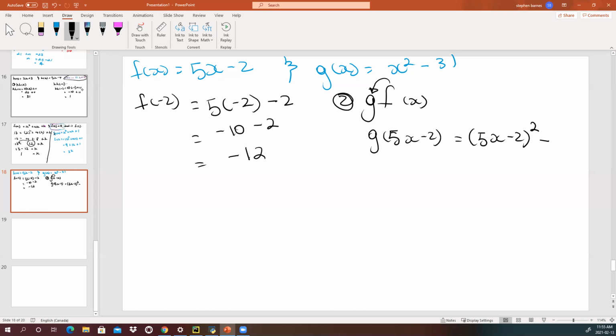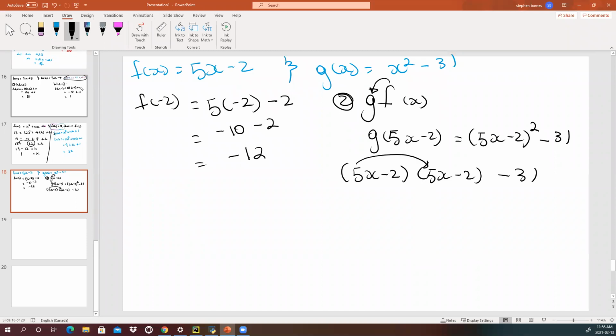Yeah. Minus 31. All right. So this is a squared. So I'm just going to expand the brackets for the squared. 5x minus 2 times 5x minus 2 minus 31.